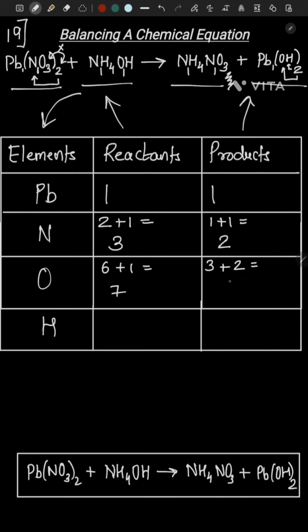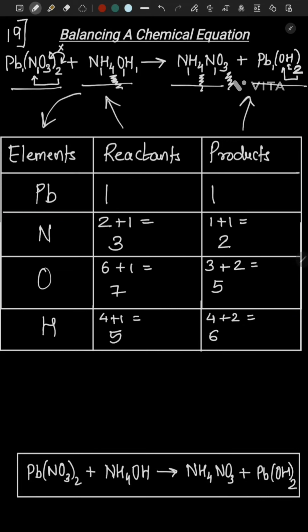Total of 5. Hydrogen, on my reactant side we have 4 hydrogen with this plus 1, that is 4 plus 1 equals 5, and on the product side we have 4 with this 2, so 4 plus 2 becomes 6.